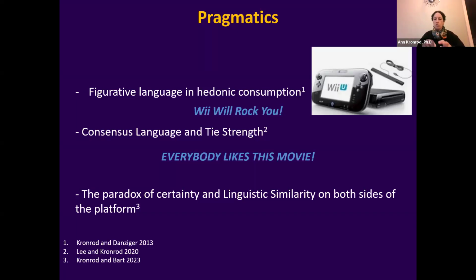I do not want to have to make these decisions. So what do we get? It looks like more confident, more certain writers of reviews actually create less certain readers of reviews, because their reviews are not so similar to each other.